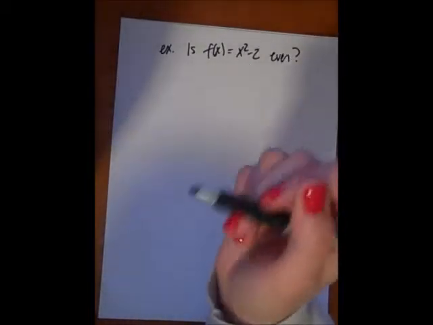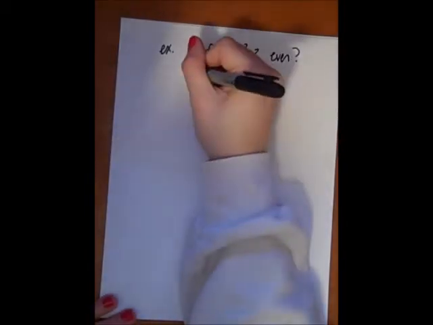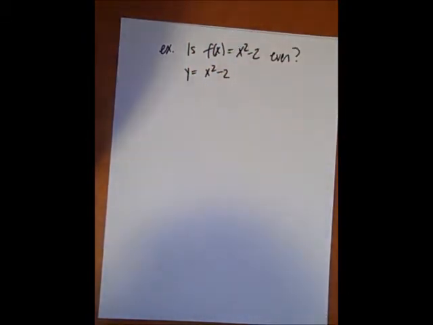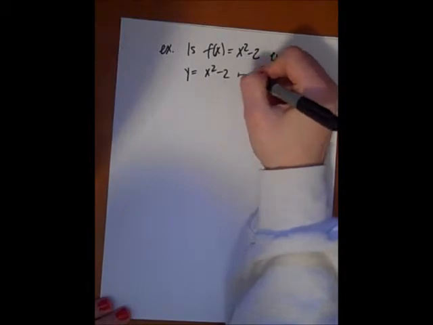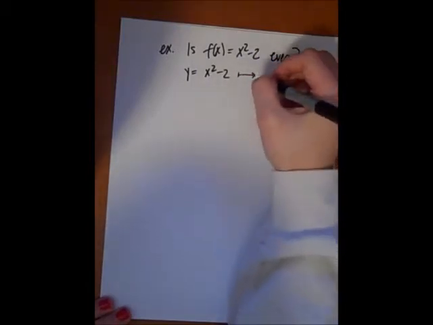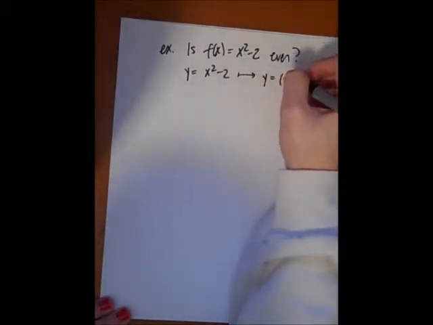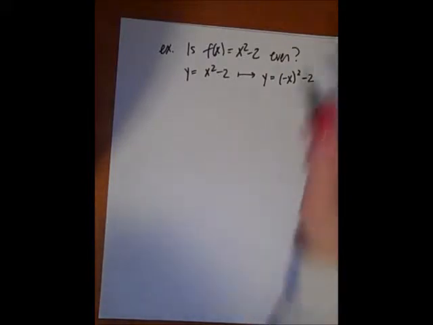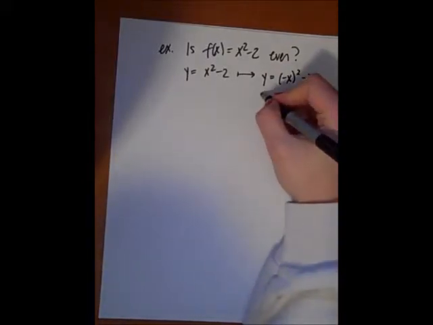Step 1 was to set y equal to f of x. So there's my function. Next, I'm going to replace x with negative x. So far, so good. Now I'm going to simplify. Negative x squared is the same as x squared.